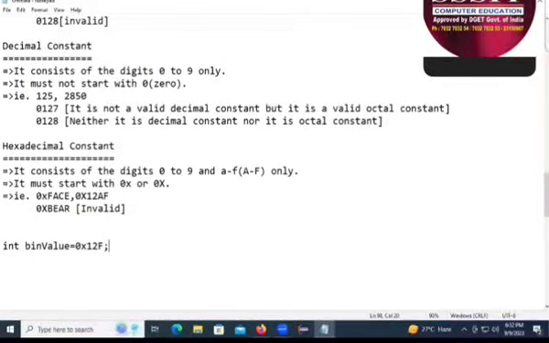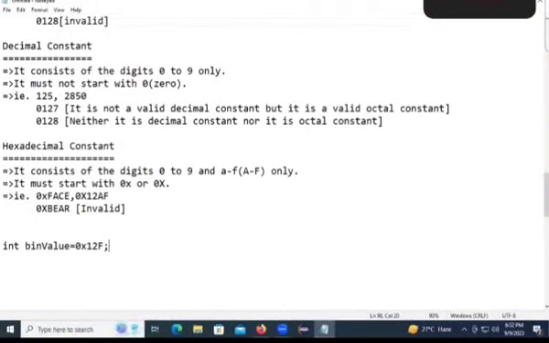Invalid? Why? Guys, what about yours? Valid? See, you get to know your answer yourself.